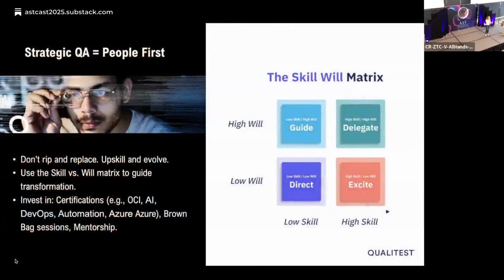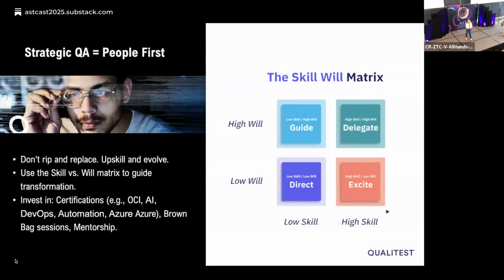And then the last thing is this skill will matrix, which I really like to see because you have to figure out how to assess your team. Obviously everyone wants somebody who's high will, high skill. That's the most desired person. These are the people that you can delegate to and let them run freely and also have them oversee people in the organization to get to whatever your desired outcome is.